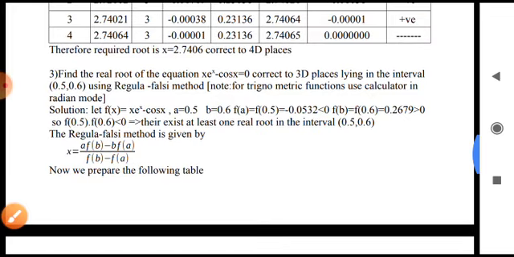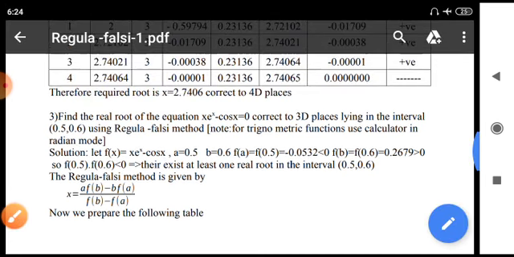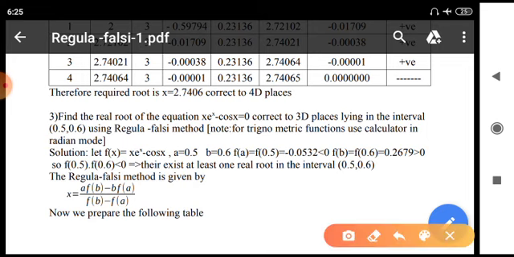Now next problem. Find the real root of the equation x e power x minus cos x, correct to 3 decimal places, lying in the interval 0.5, 0.6 using regula falsi method. Dear students, here the interval is already given, 0.5 and 0.6.